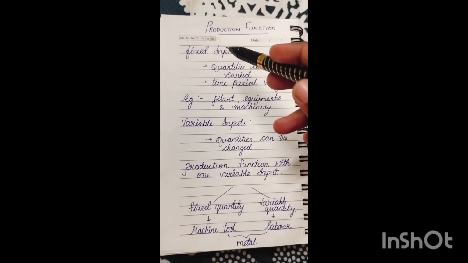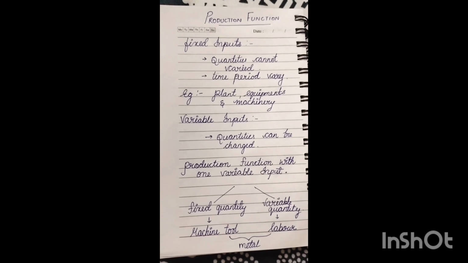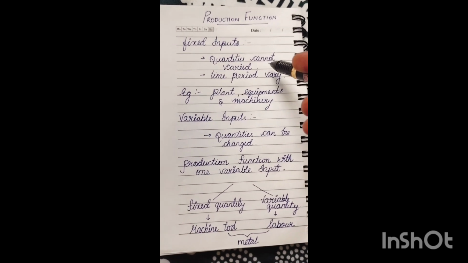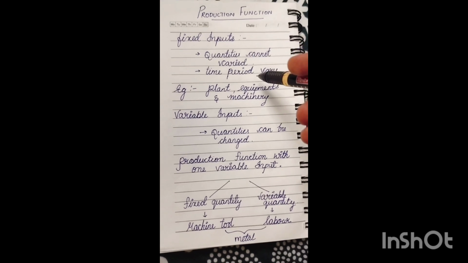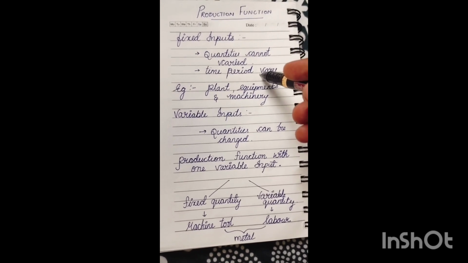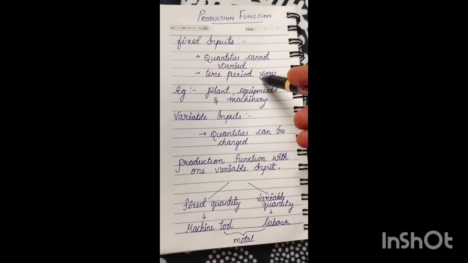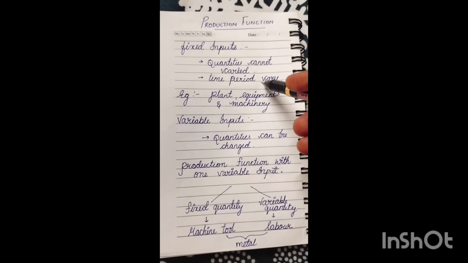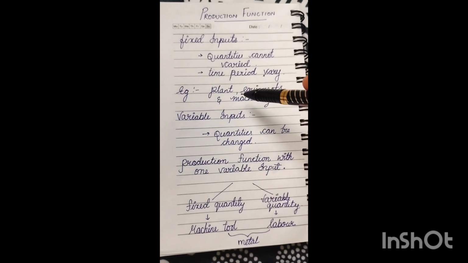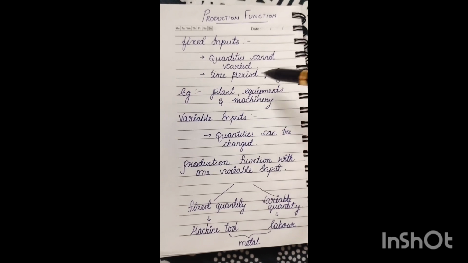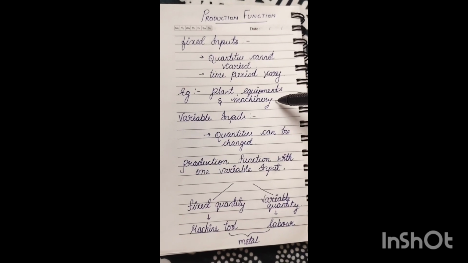Here the fixed inputs are those whose quantity cannot be varied during the time under consideration, and when we take a time period, it will vary depending upon the circumstances. So in fixed inputs, we can take an example of plant, equipments and machinery.